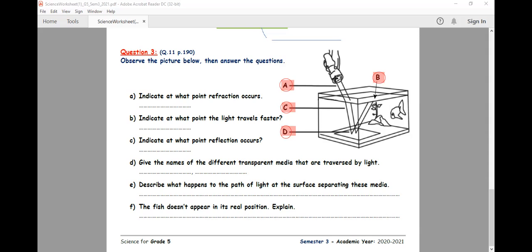For example, in question number 3, refraction happens between air and water. In question number 1, it was between the gray piece and the air. Question number 2 was between air and glass. Refraction happens when light passes between two different mediums.